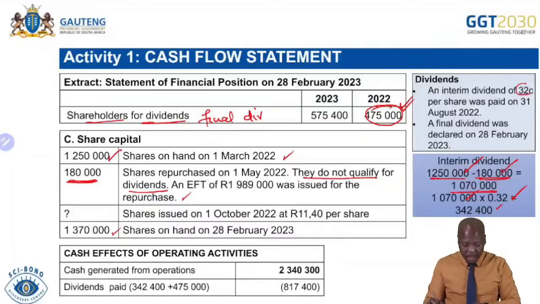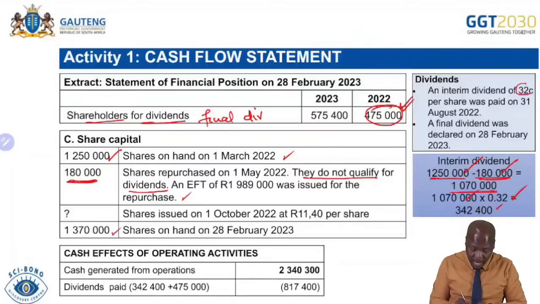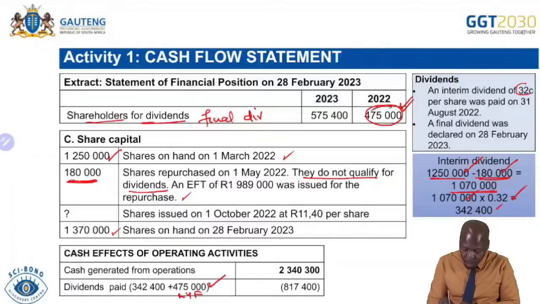Once I have my interim dividends, remember what I said when we calculate dividends paid. It becomes very easy. You simply say last year's final, the 475,000, which is this one here, plus this year's interim, which is what we've calculated here, and then you have a 345,400.